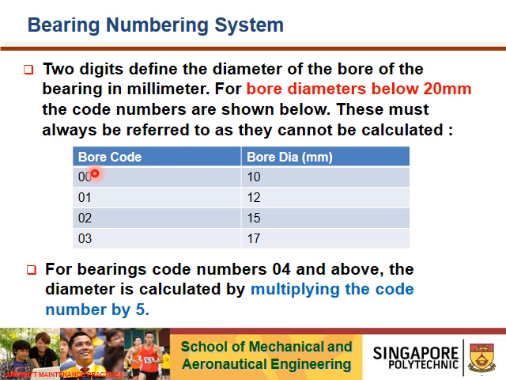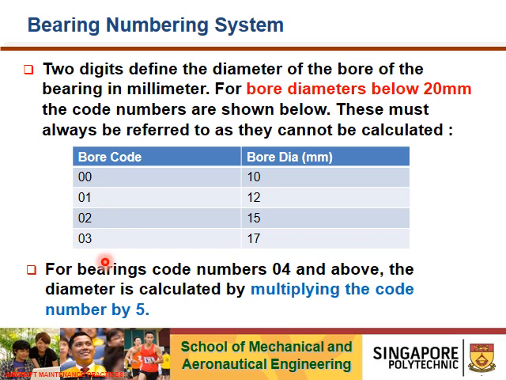So let's say 6900: 6 represents deep groove ball bearing, 9 represents extremely light duty, and 00 represents 10 mm. If it's 6901, then 01 represents 12 mm. 02 represents 15 mm, 03 represents 17 mm of the ball. So this is for anything from 0 to 3.